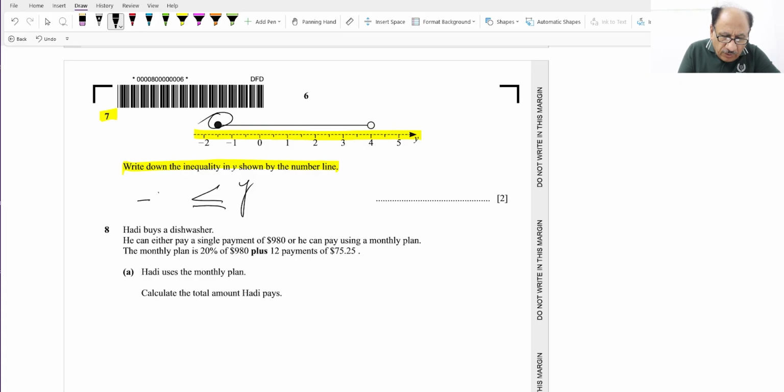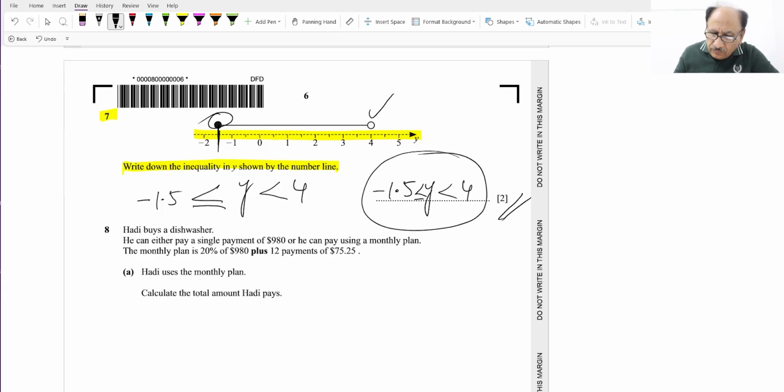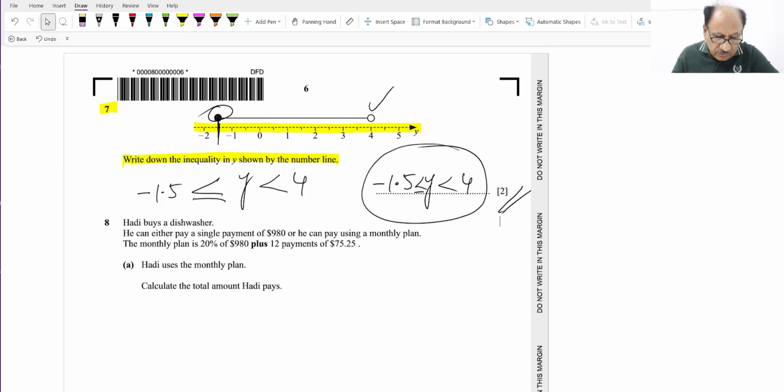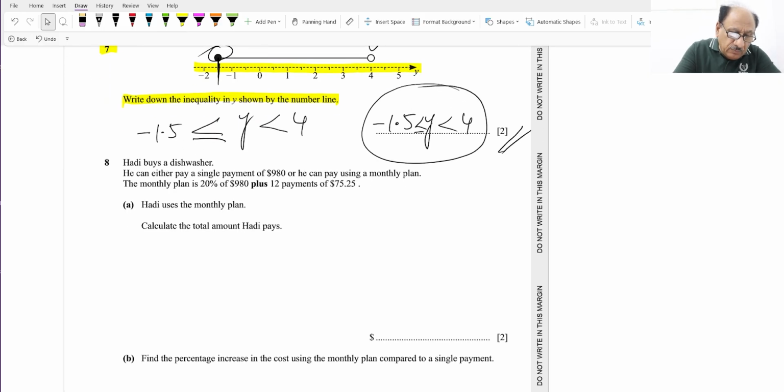Minus 1.5 is up to this one, and this side is 4 and less than 4, so we can write minus 1.5 is less than or equal to y, less than or equal to 4, and this is done for 2 marks. This is done.